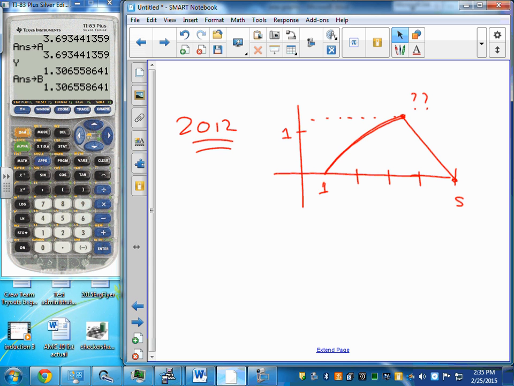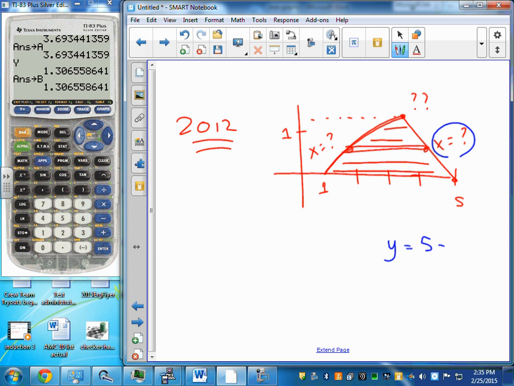If I want to run horizontal rectangles here, I need to know the x-coordinate here, what is x equal to, and I need to know the x-coordinate here, what is x equal to, and then we can integrate by stacking these rectangles up. Okay, so the line's not too bad. We were told for the line this was y is equal to 5 minus x, so solving for x is 5 minus y.